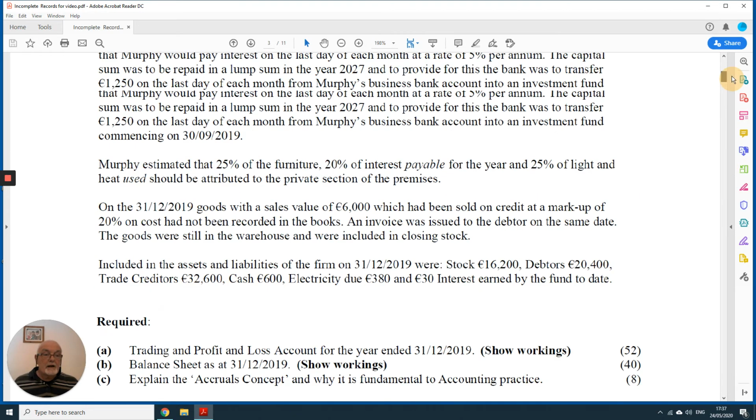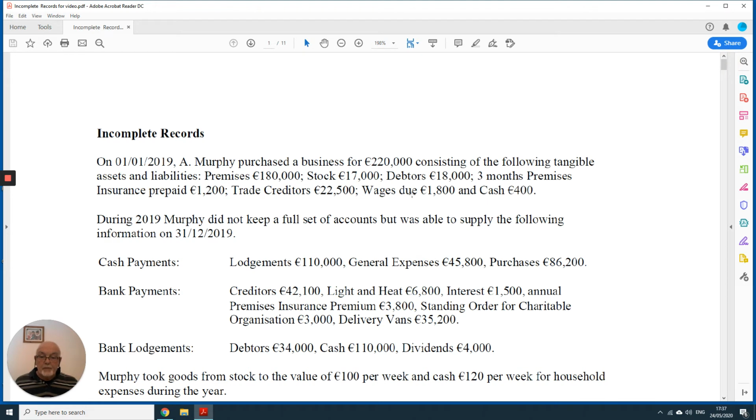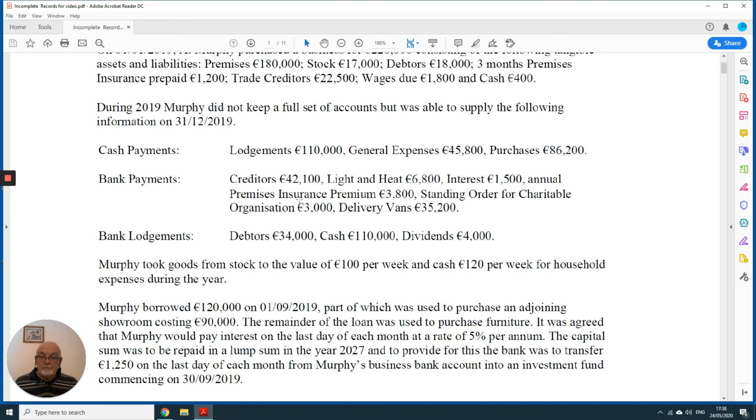Also, at the start of the question, we were told that there were wages due of 1,800 euro. During the year, in our cash account here, we paid general expenses 45,800. So that must include us paying for the 1,800 euro owed since last year for wages due.